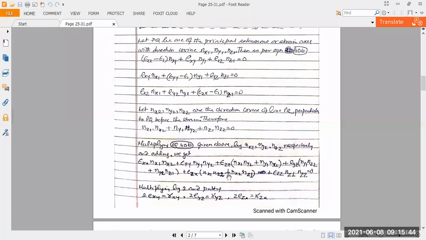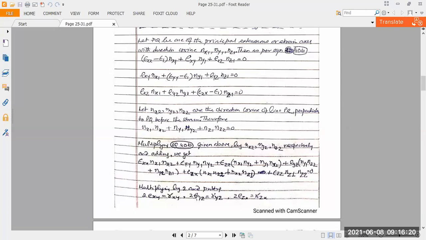This particular form will be achieved while we are multiplying this one with nx2, this one with ny2, this one with nz2, and adding them together. This equation will become like this, and if we use nx1 nx2 plus ny1 ny2 plus nz1 nz2 equal to 0, then after addition the equation will take this particular form itself.